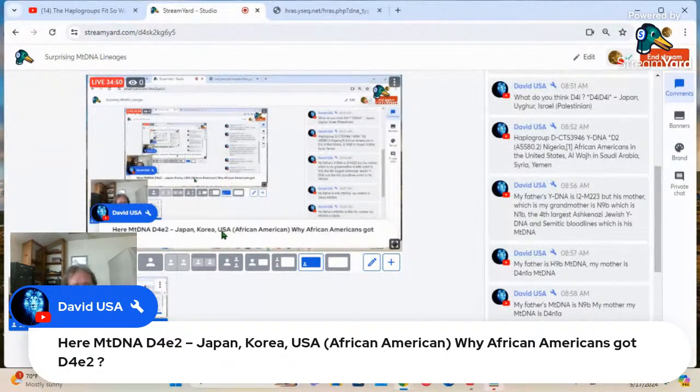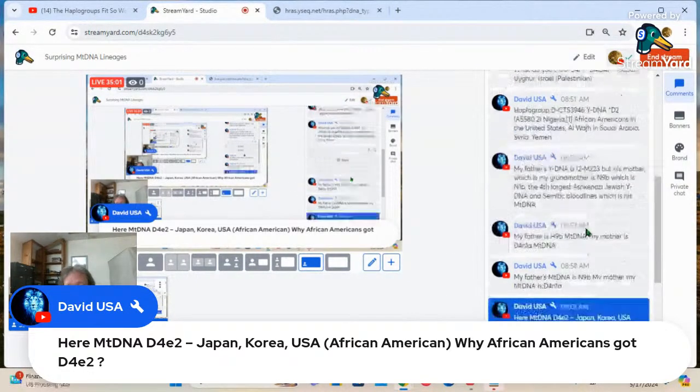So that's good. Japan, Korea, USA, African American. Why do African Americans have that? I don't know how much they got, but they got it from somewhere for sure.